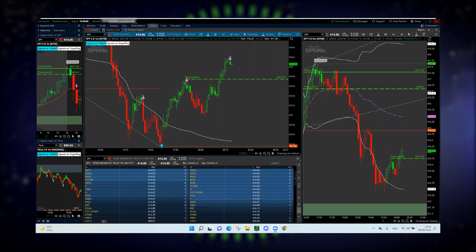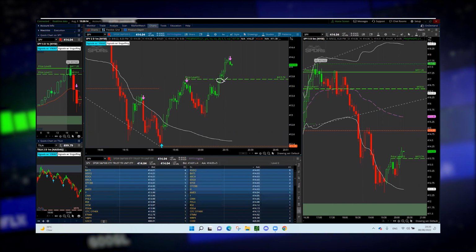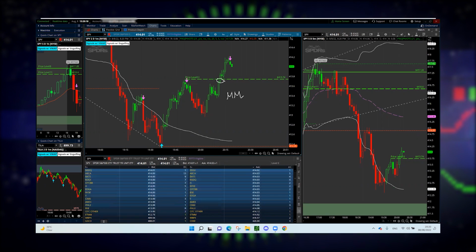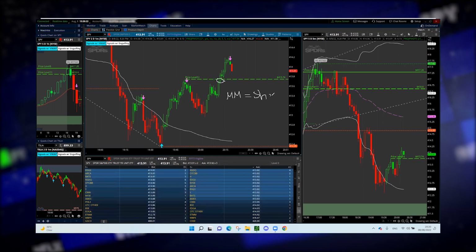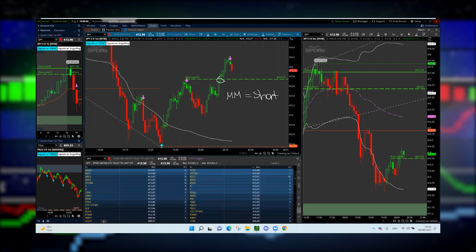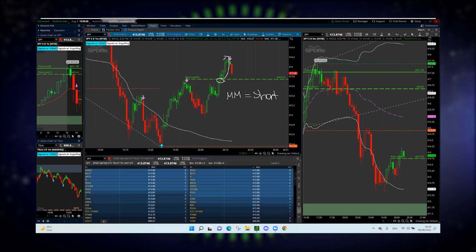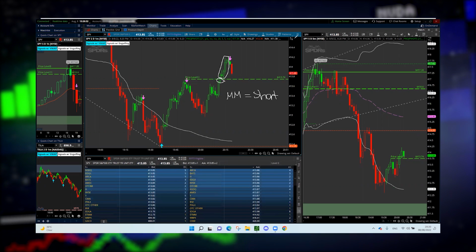Going back to a real-time example, once everybody bought here, that market maker is filling buy orders, which means they will be in a short position. Now, the market maker is technically losing into that move because they are short and everybody's long.